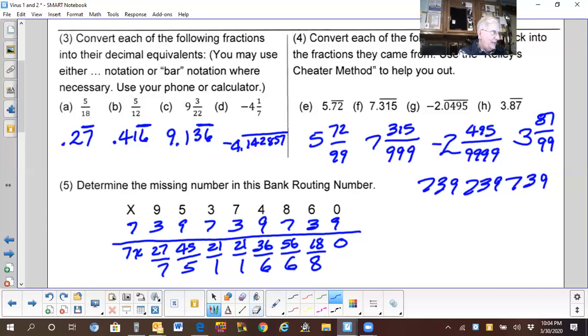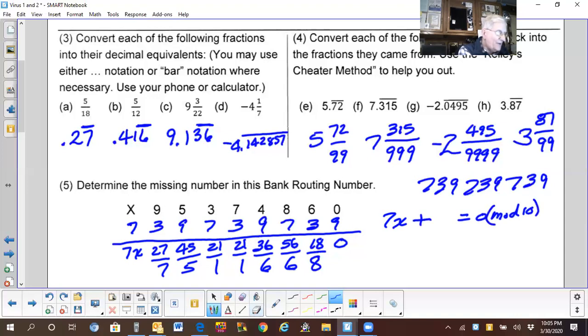Now, if you recall, the requirement of any bank routing number is that when you add all its digits together after you've multiplied by 739, 739, 739, and so forth, it has to come out 0 mod 10. So we write this equation, 7x, the number we're missing is x, increased by what number has to come out 0 mod 10.